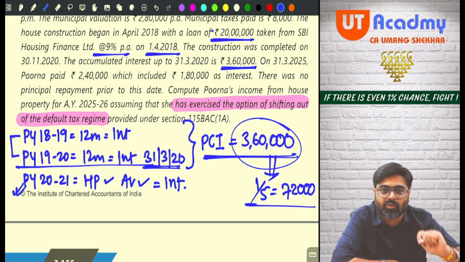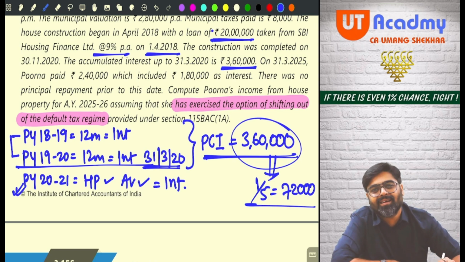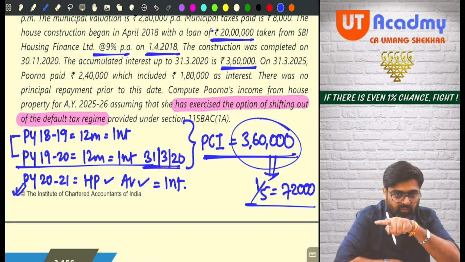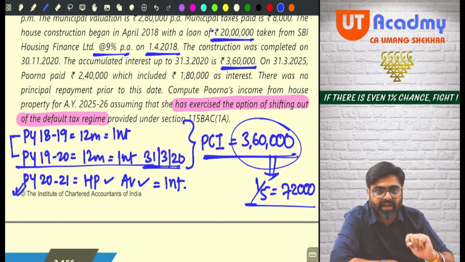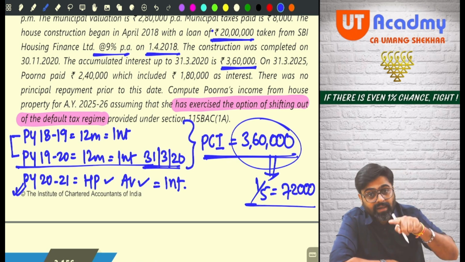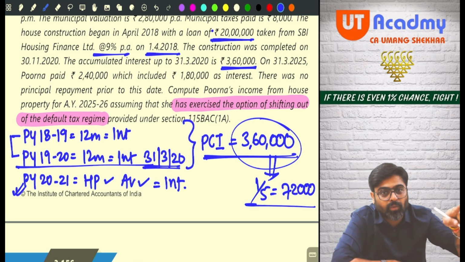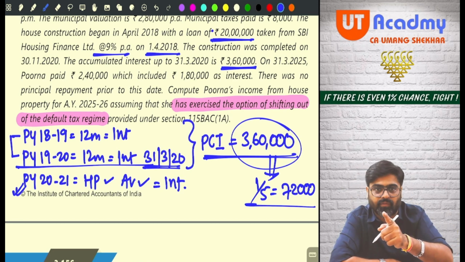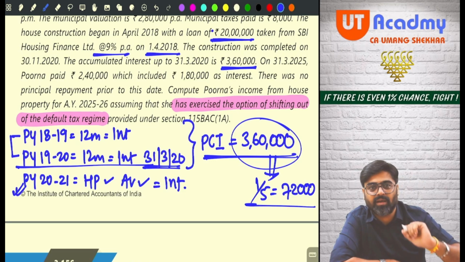It will be 1 lakh 80,000 only. The entire 20 lakh remains outstanding for my previous year also, no? 24-25. So 24-25, 20 lakh rupees is outstanding. On that, 9% interest for the entire 24-25 is the normal interest for this year.